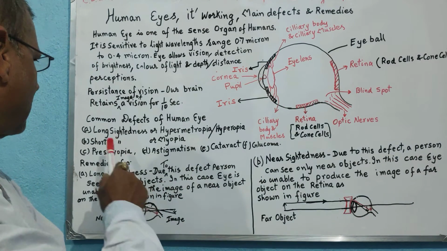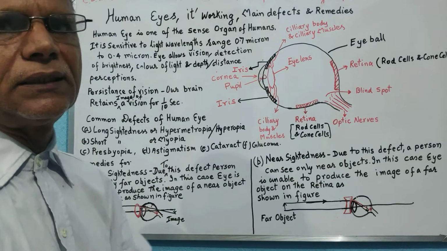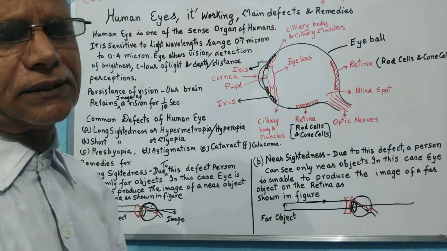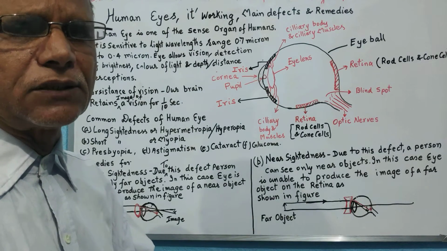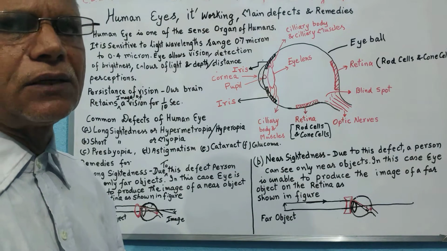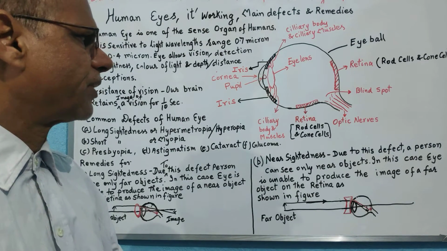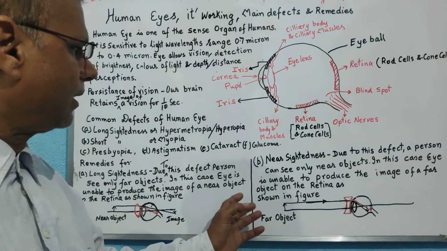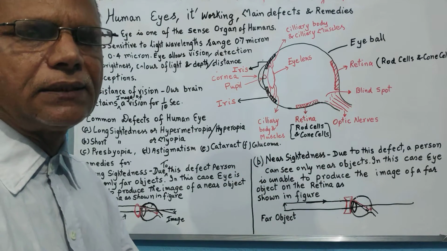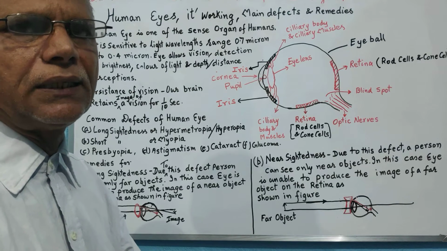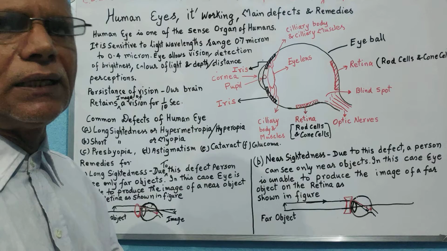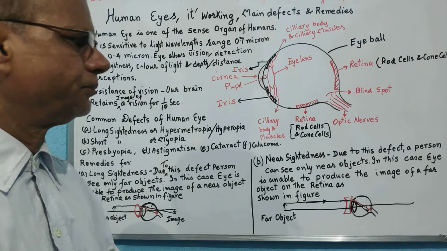In long-sightedness, a human eye is able to see only distant objects, meaning near objects, those very close to our eye, are not visible clearly. And short-sightedness is a defect in which a person is able to see only near objects and is unable to see the far objects.